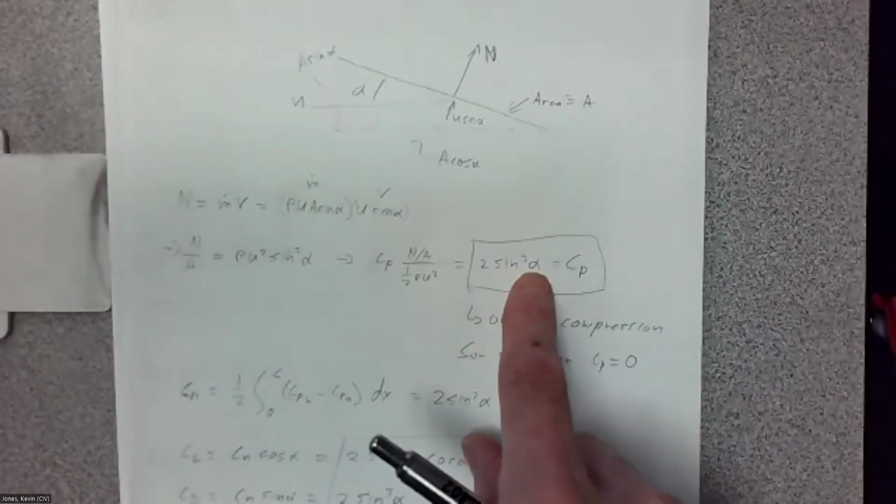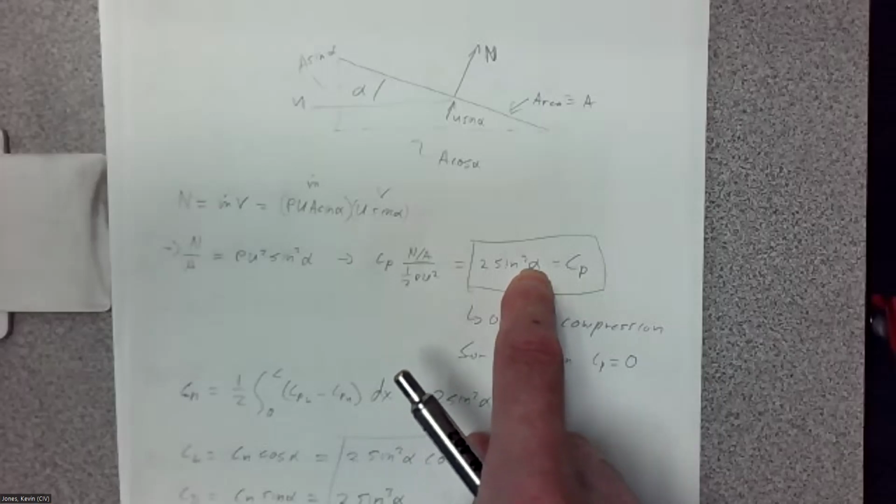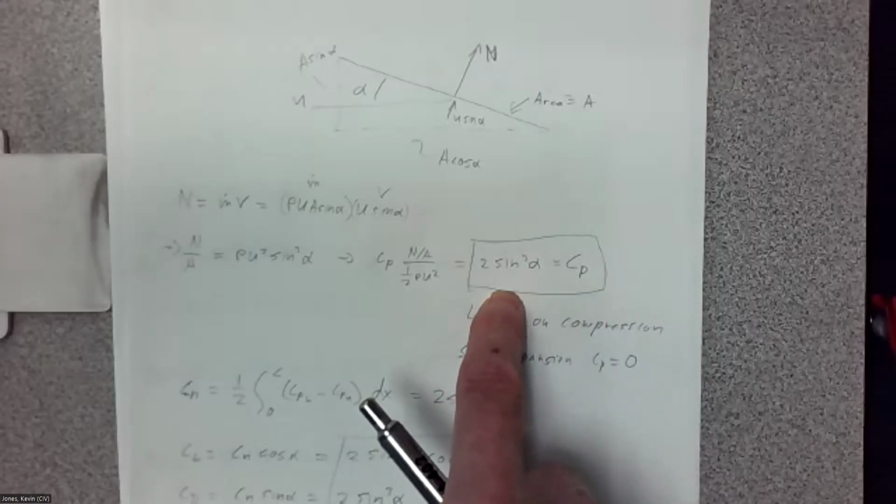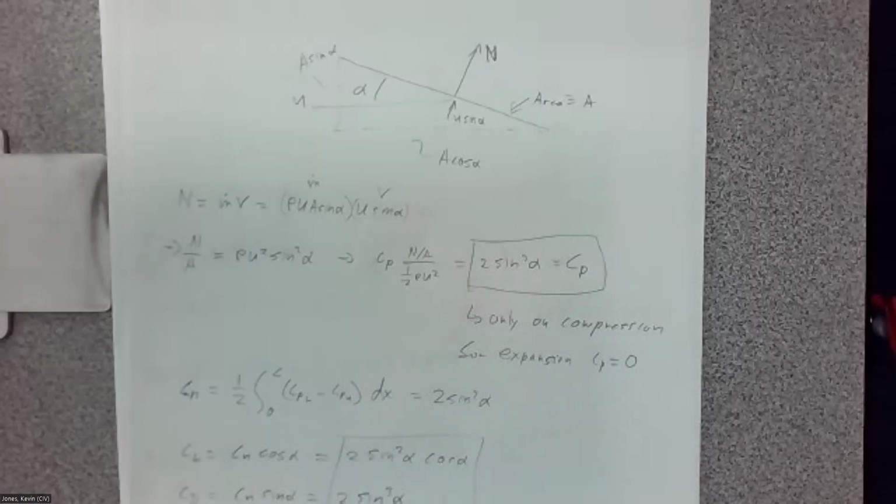At that point, alpha is 90 degrees, and so Cp is 2. That's your peak. But it turns out if you actually go into the Virginia Tech calculator and try to compute the stagnation Cp for high Mach numbers, it turns out not quite 2.